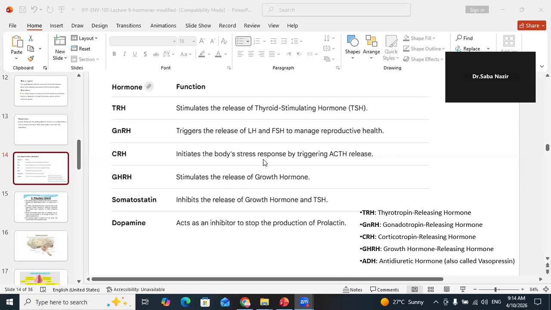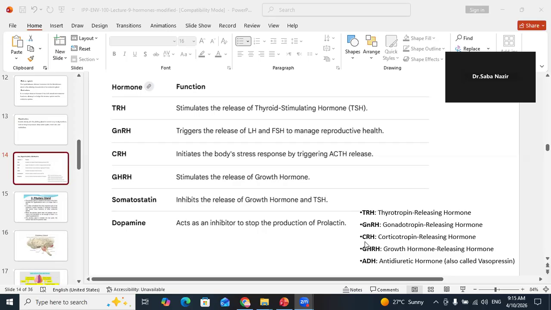When this hormone is released, it triggers the luteinizing hormone and follicle stimulating hormone to manage reproductive health. These are the two reproductive hormones. They cannot be released from the pituitary gland unless the gonadotropin releasing hormone is released from hypothalamus. So hypothalamus is playing a very, very important role.